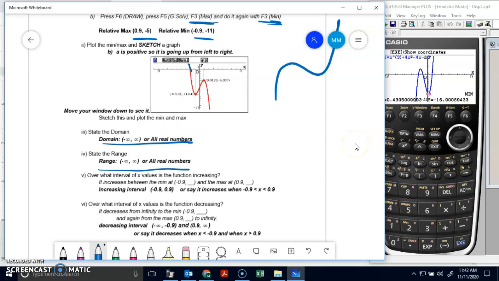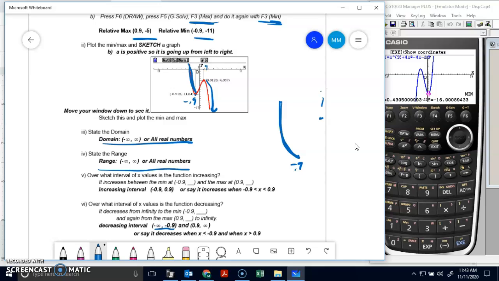So it's decreasing until it hits that x value of negative 0.9, that minimum. And then it decreases also after the maximum, which is at 0.9. So from negative infinity down to negative 0.9, it's decreasing.